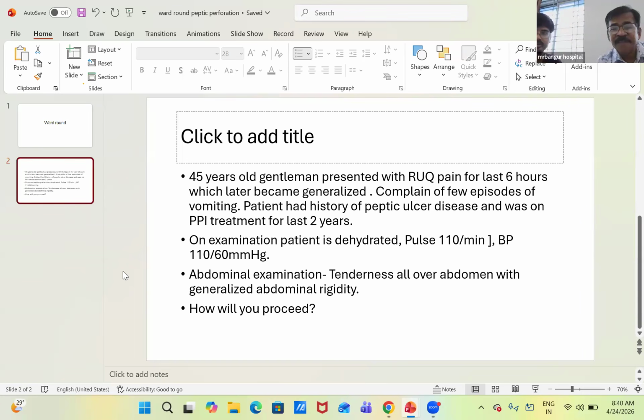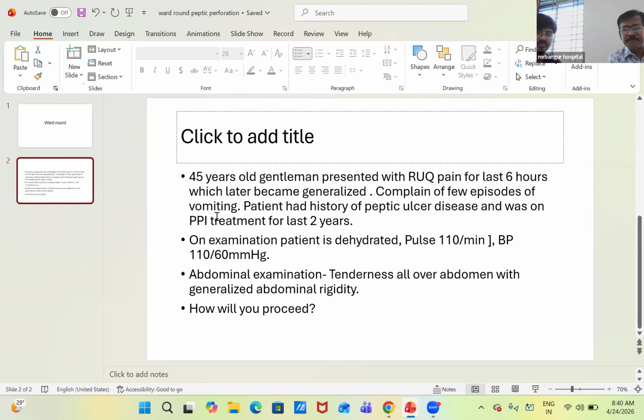Dr. Lahiri has joined. Yes, sir. This is the scenario he has raised, and I just asked him how he should think about the possibilities. He started saying that it may be intestinal obstruction, but I told him that on the background of the patient having peptic ulcer disease and presenting with acute abdomen, the first thing you should think is that it might be a peptic ulcer.